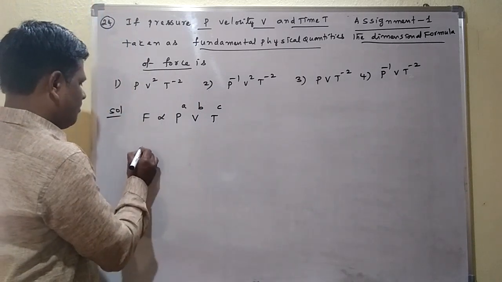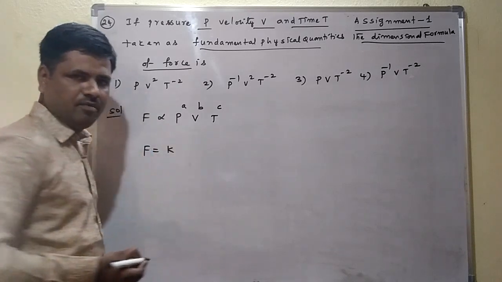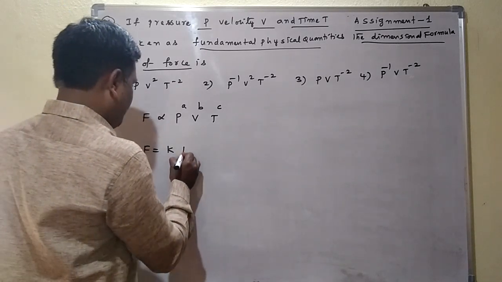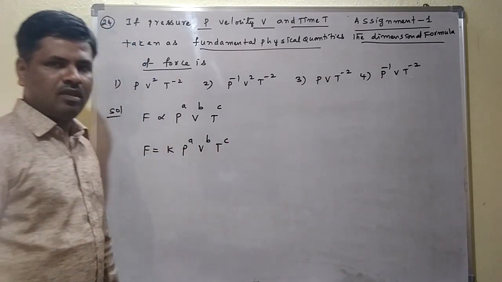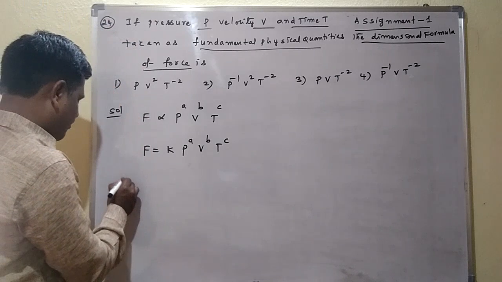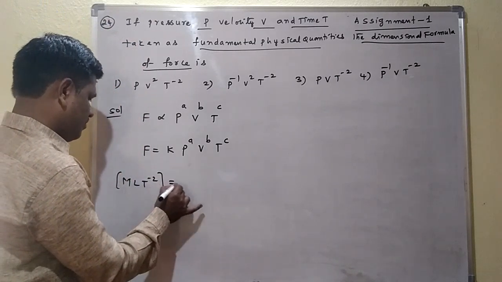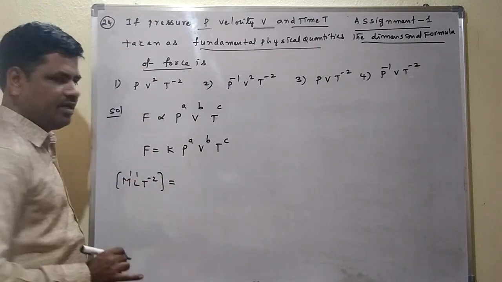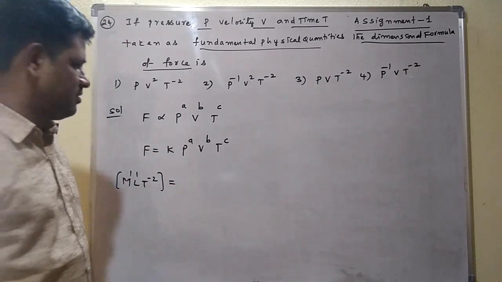We write F is equal to K, a constant, removing the proportionality, P power of A, V power of B, T power of C. The force dimensional formula is M L T power of minus 2, or M power of 1, L power of 1, T power of minus 2. Here K is a constant having no dimensions.